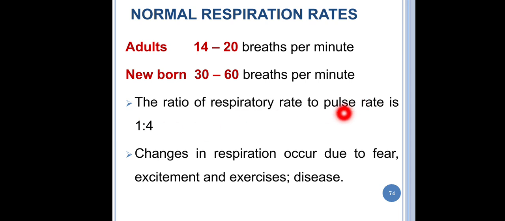You can divide the pulse rate by 4 to give you the respiration rate, or multiply the respiration rate by 4 to give you the pulse rate. But of course, just use the better method of getting this.